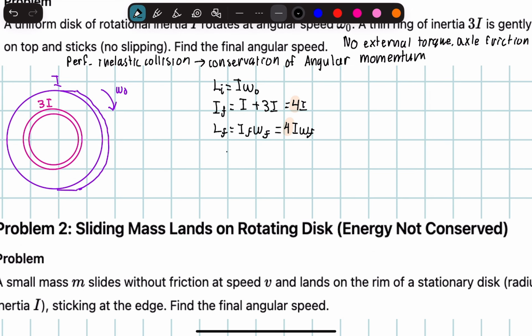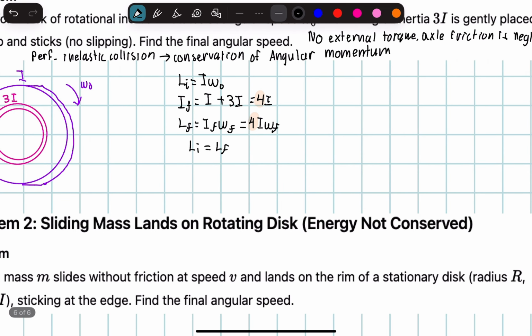Now we can use conservation: Li equals Lf, so I omega initial equals 4I omega final. Solving for omega f, that's just omega initial divided by 4.